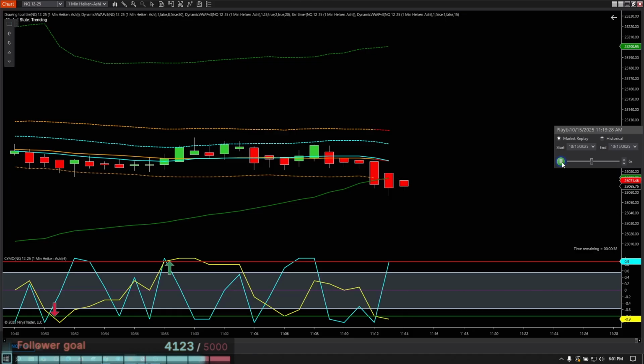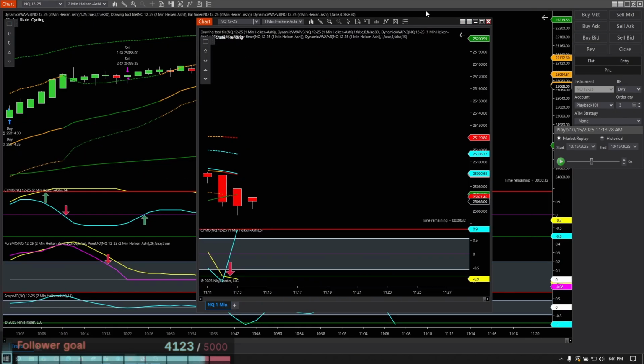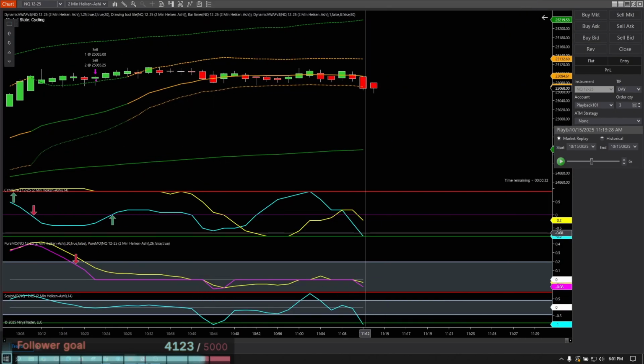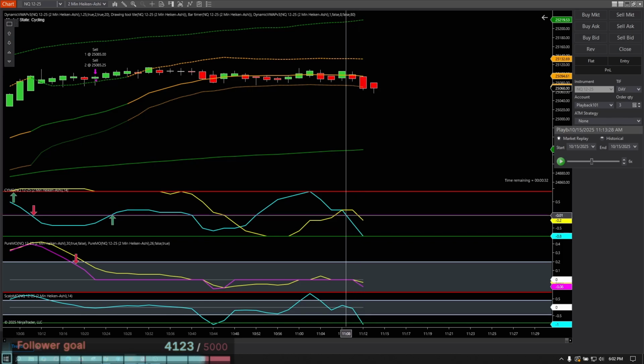Okay, here we go. We got another opportunity here. It just came down right there. The question that you have to ask yourself is, is this the early onset of a trend? So what do we do, guys? We flip it back over here to our chart, and what do we see? We see momentum falling, cycle falling.